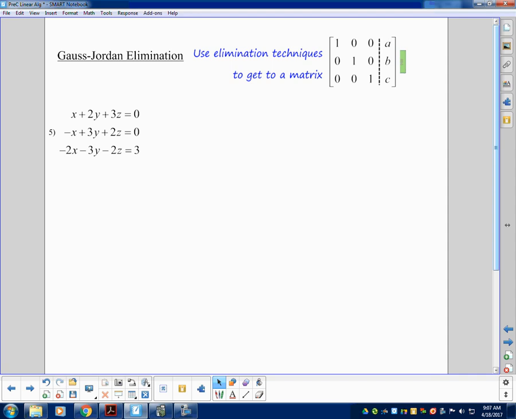Until you get to a point at which you have all ones on the diagonals, and at a very minimum, all zeros to the left of the main diagonal. Ultimately, if you wanted to solve for x, y, and z and get your a, b, and c, or whatever those numbers are, you'd have to have zeros here. But we can stop once we have zeros to the left of the main diagonal. Here's why.